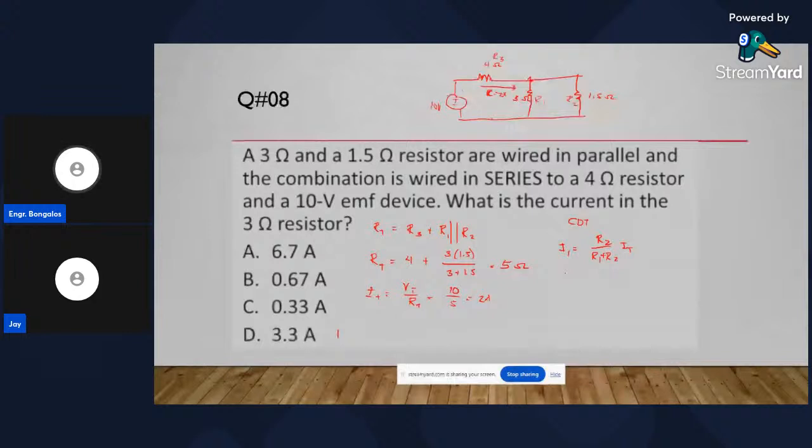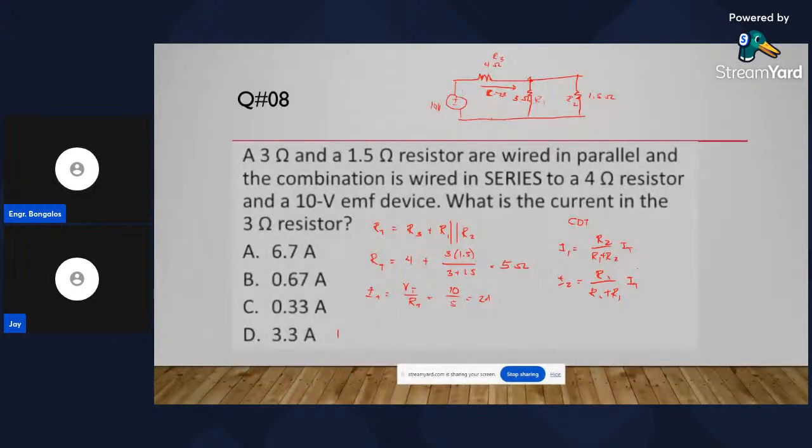Para sa I2 naman, I2 is equal to R1 over R1 plus R2 times I total. So, importante din naman to. Kung hindi ma-memorize, pwede din naman mag-Kirchhoff's na lang kayo dito.